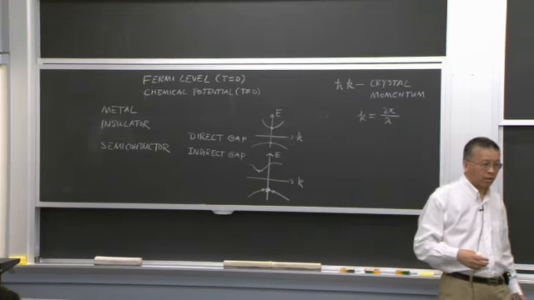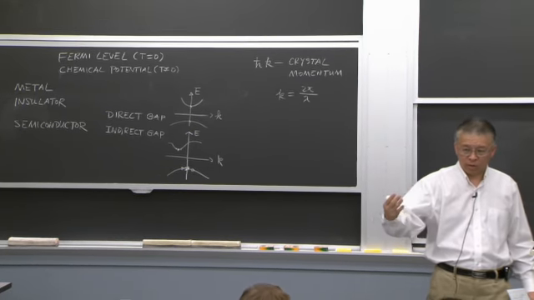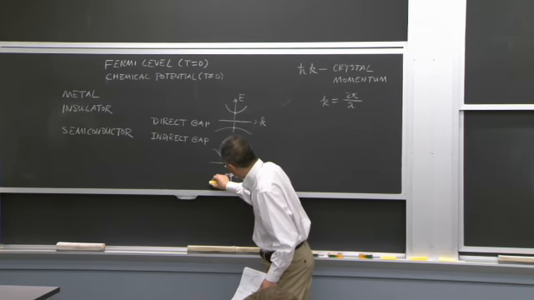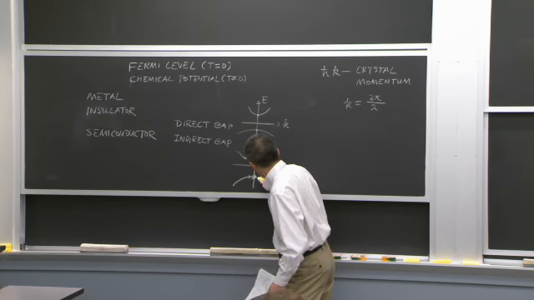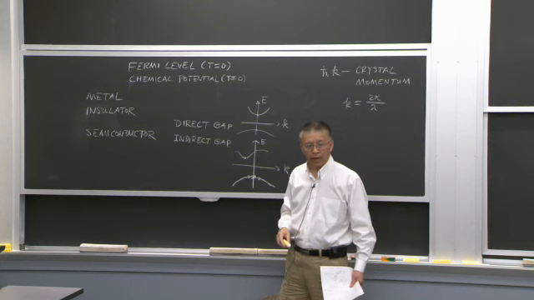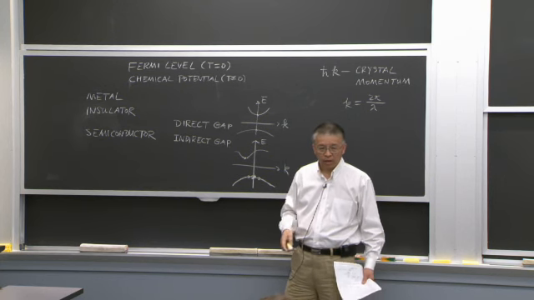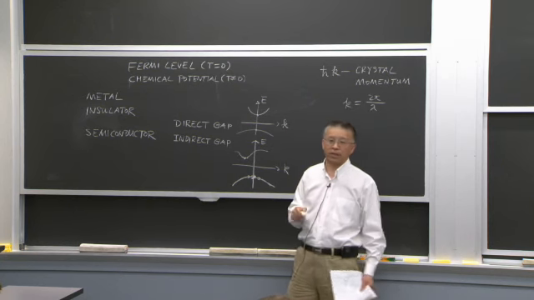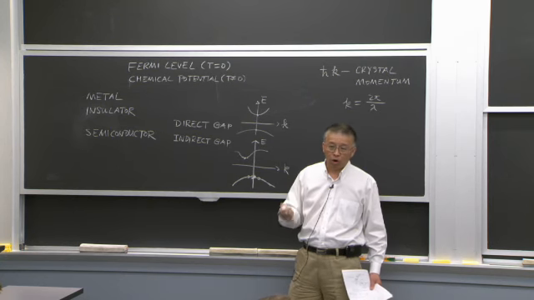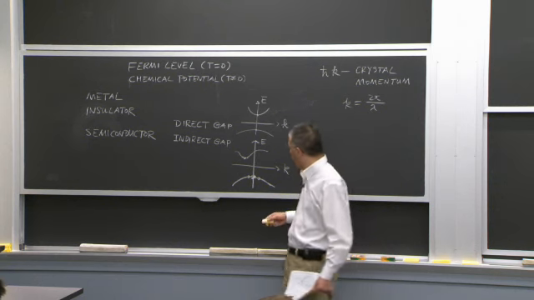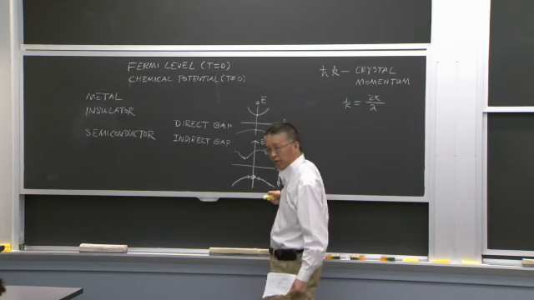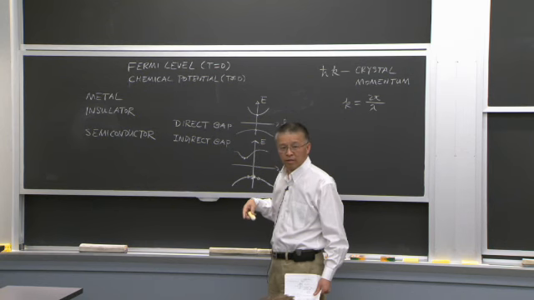So for the ones on the bottom, rather than describing the motion of all those electrons, the equivalent terminology is to describe the motion of those empty states. That's holes. And for holes, the energy is increasing this way, because it's the negative of the electron.